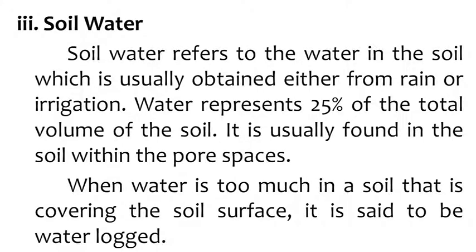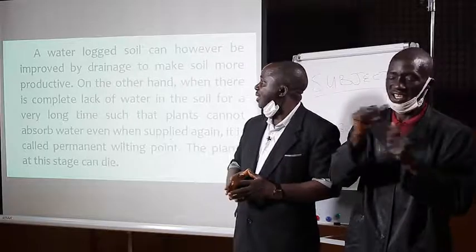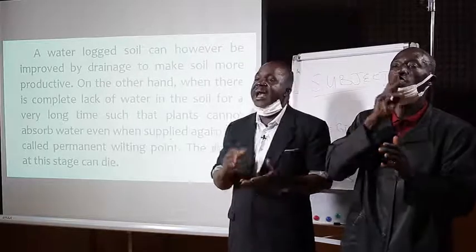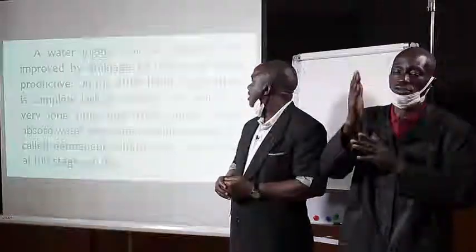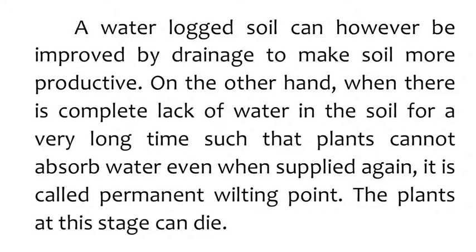When water is too much in a soil that is covering the soil surface, it is said to be waterlogged. A waterlogged soil can, however, be improved through drainage to make soil more productive.